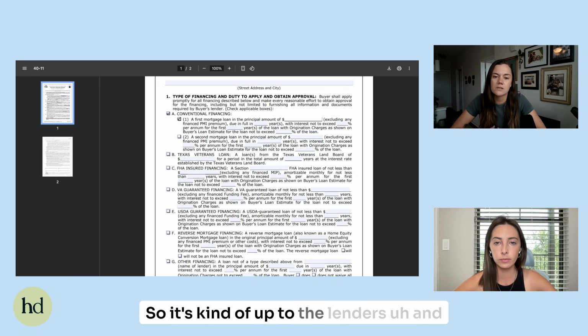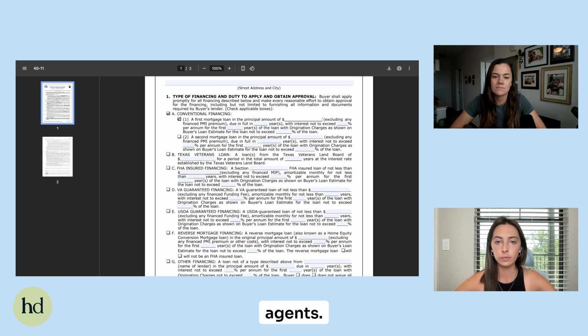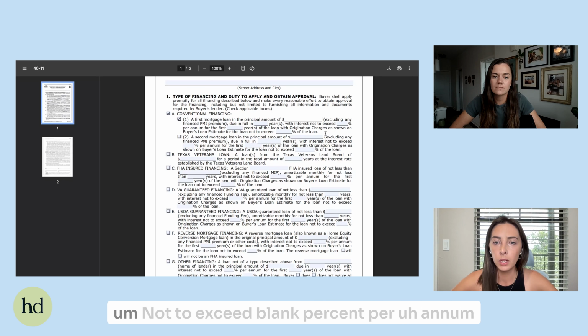So it's kind of up to the lenders and their discretion, but that should be a conversation that's had with the client. I do like to leave some room for market movement. Ideally, the market's not moving that much that it increases their rate that amount, but that's best practice and what I tell my agents. That's super helpful.